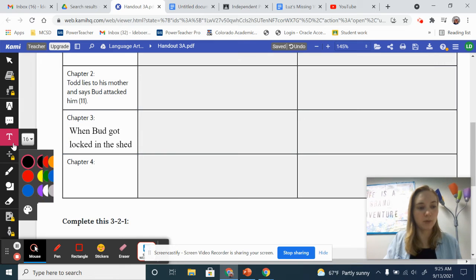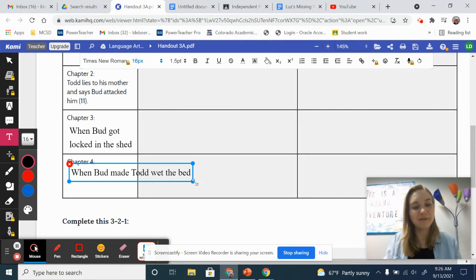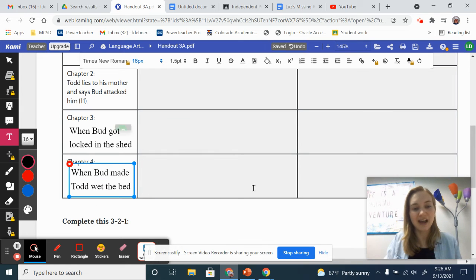And for chapter 4, you're going to do when Bud made Todd wet the bed. When he made Todd wet the bed, how did he react afterwards? And what does that tell us about him?